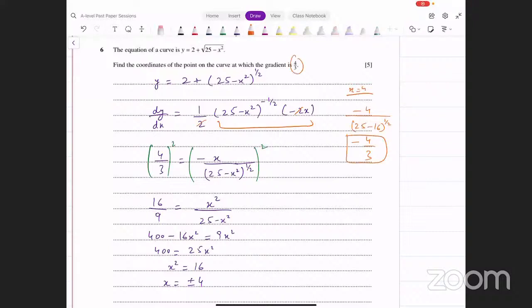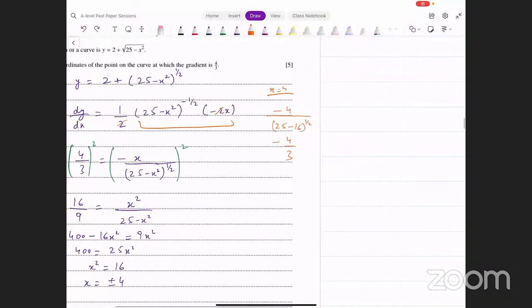But it should have been 4 over 3. If we input x equals -4 instead, what do we get?